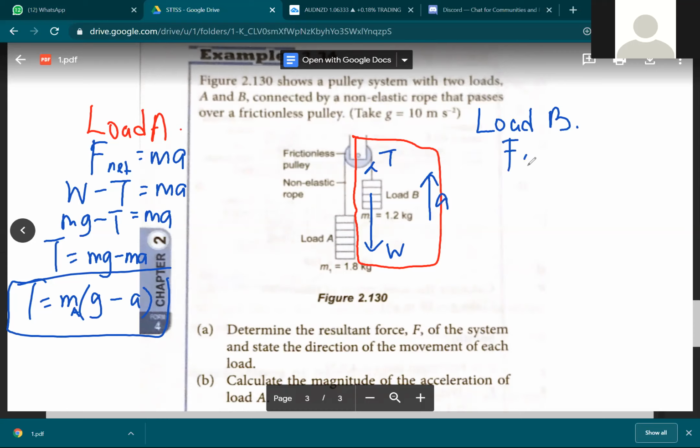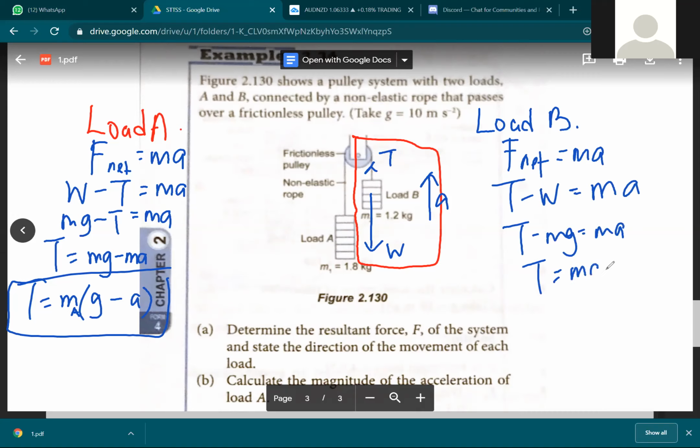So F net equals to MA. F net is T minus W, because T is bigger, it's going up, equals to MA. So T minus mg equals to MA. T equals to MA plus mg, and T equals to m, I write m for load B, (a plus g).